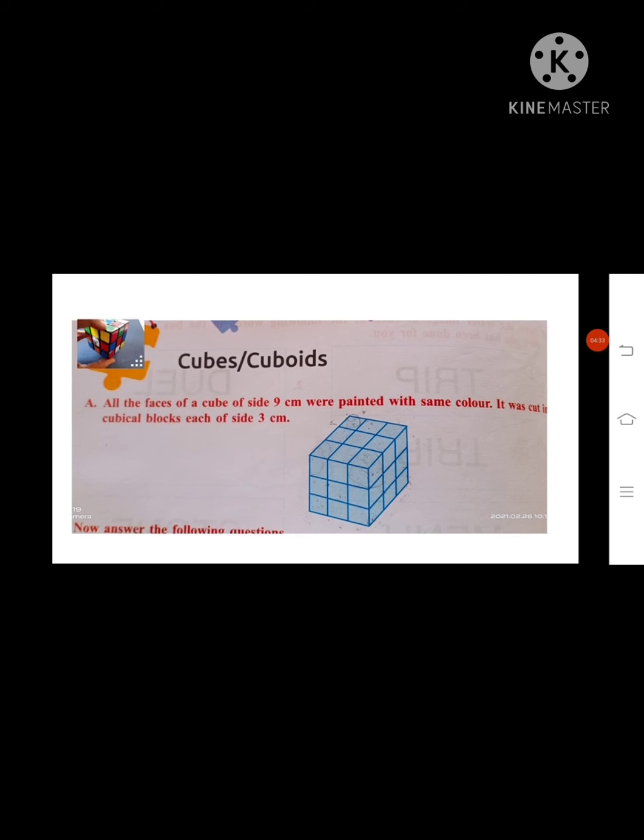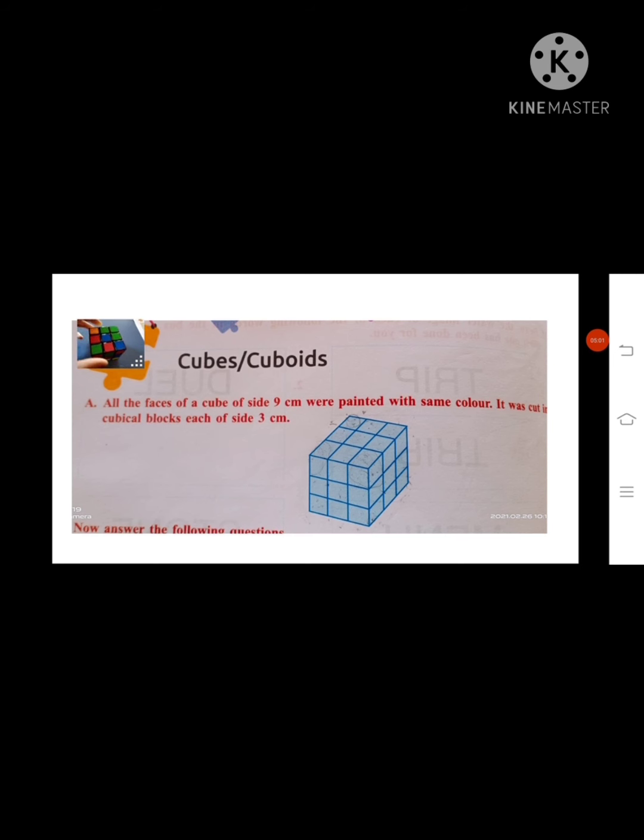Here is one side, second side of the block, third side, and the fourth side is behind this. So this is one cubical block. All these sides are cut into 3 cm, 3 cm, 3 cm. So all 6 faces are cut in 3 cm.